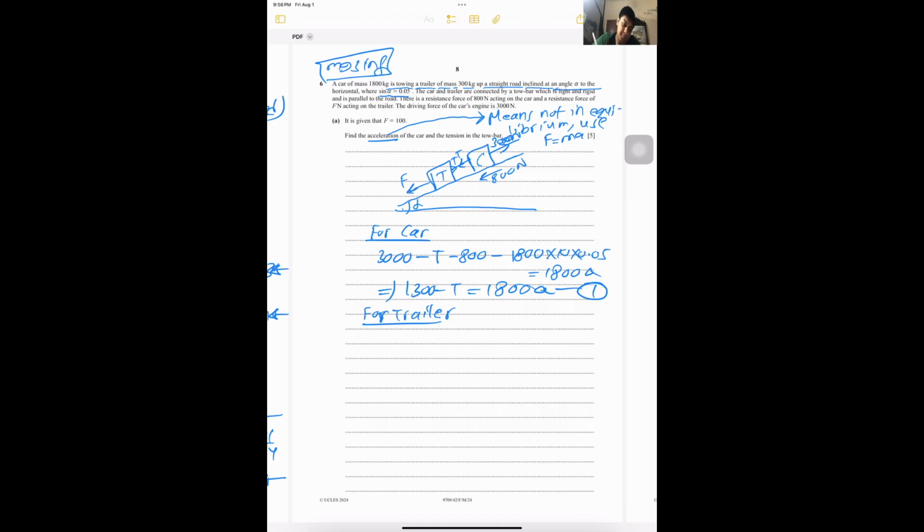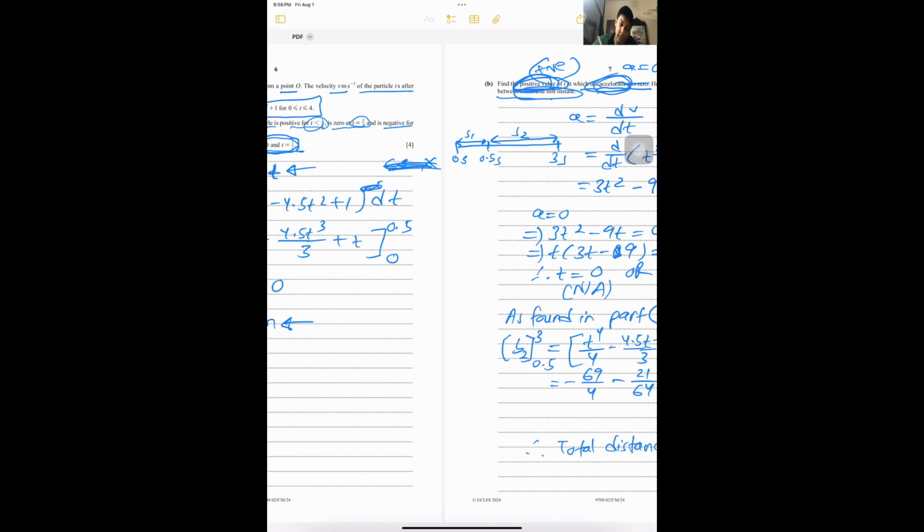For the trailer: tension minus the F, which is given to us here as 100, minus the downward component, which is 300 into 10 into 0.05, equals 300a. So T minus 100 minus 150, which is T minus 250, equals 300a. This is equation 2.